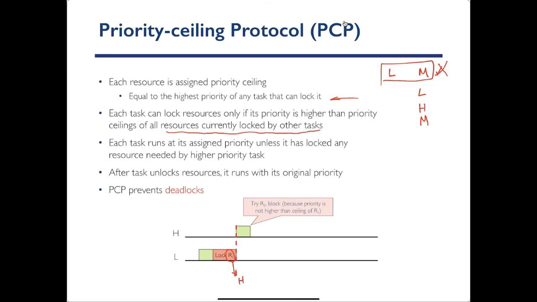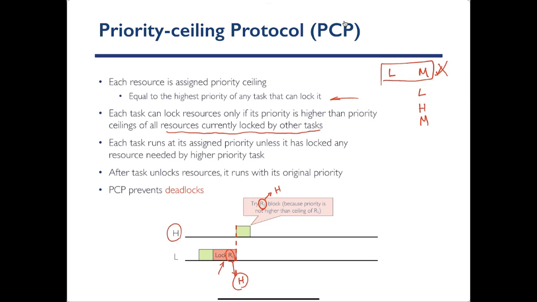Okay, what is the priority ceiling of R2? The priority ceiling of R2 is also H, because H wants to lock that resource. Now, if H wants to lock R2, I'm going to look at any resources that are currently locked. There is only one resource that is currently locked, and that's R1. Then I look at the ceiling of R1, which is H, and then I compare H with this H.